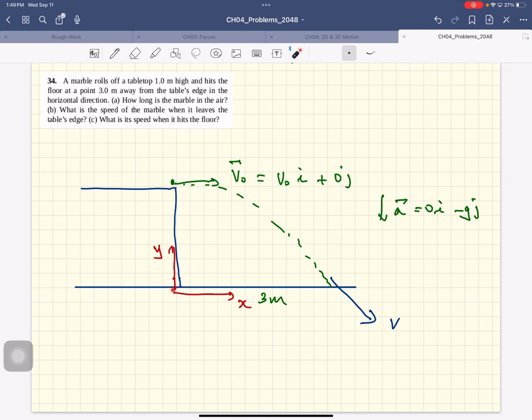And this makes sense. The faster you shoot it, the further it'll fall. The higher you shoot it from, the longer it's in flight and the further it'll fall. So the distance it falls is related to how fast you shoot it and how long it's in flight.